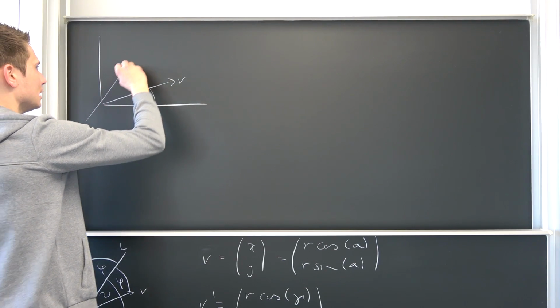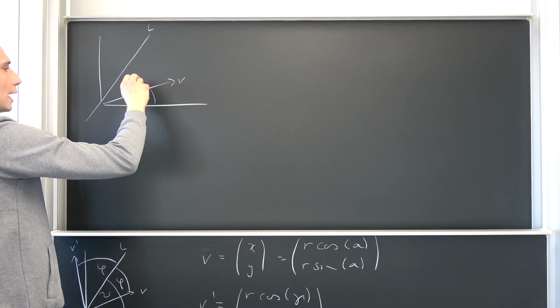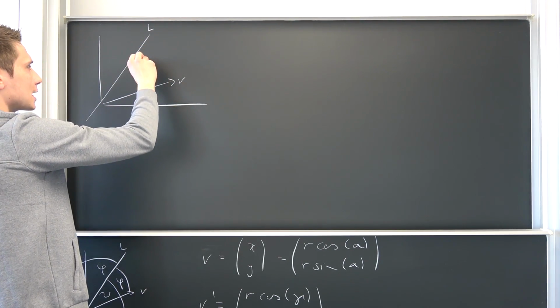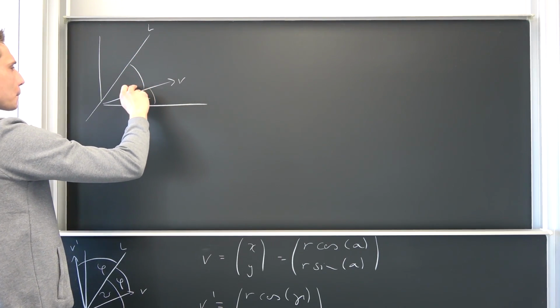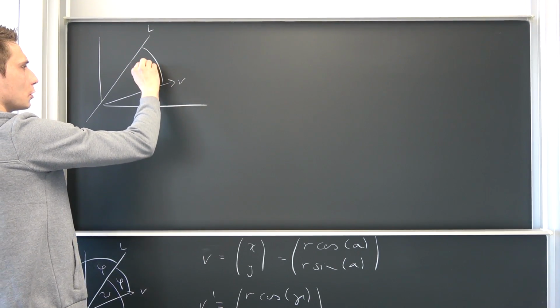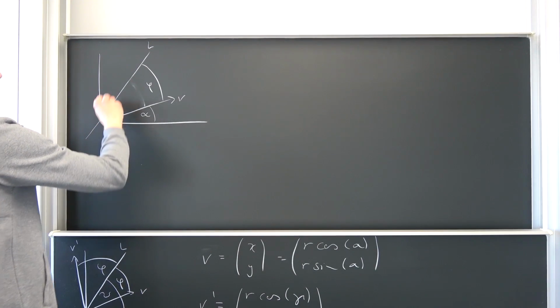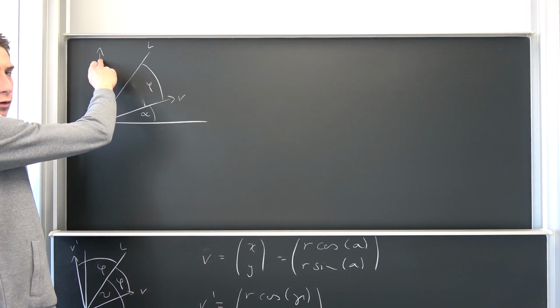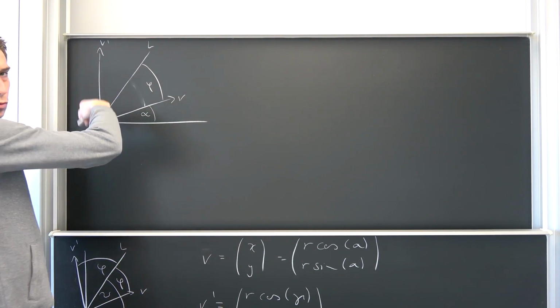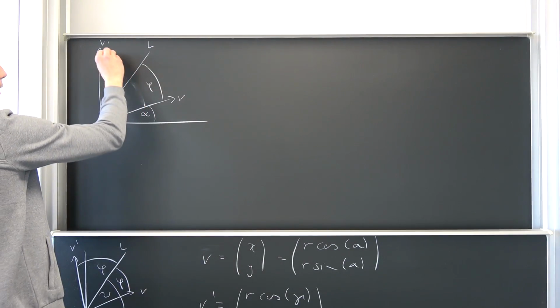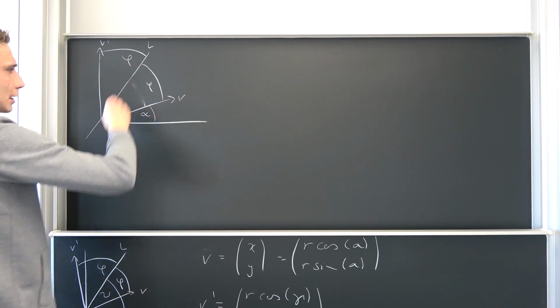Also we have this line L being spanned out right here, and between our v and this line L we have a certain angle, let's call it phi, just like before. Also, let's say we have our v prime, the reflected vector, right on the y-axis, for example, also enclosing this angle phi.